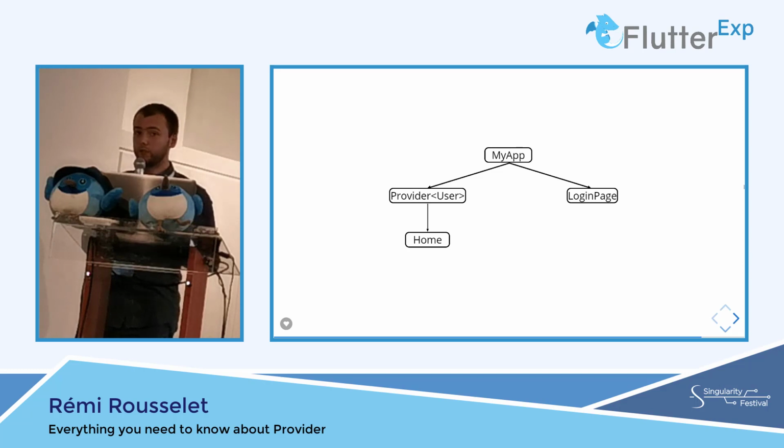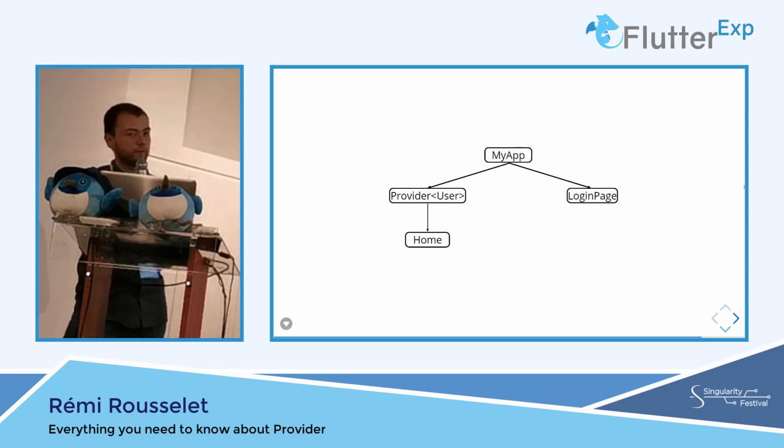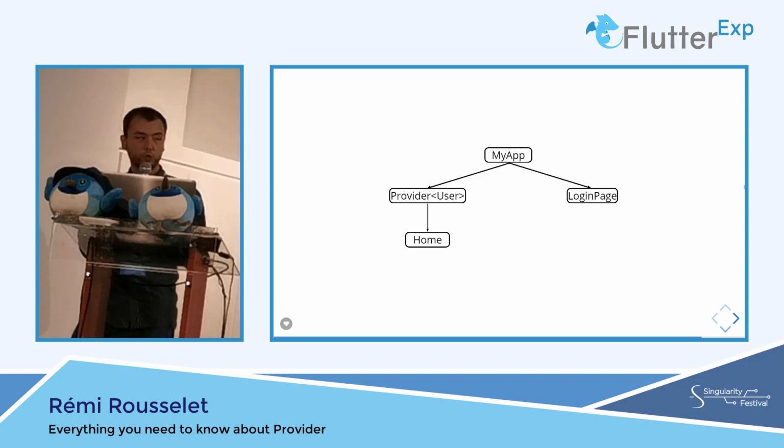Another use case of such restrictions is to potentially voluntarily make it impossible to access a variable on some screens. For example, we may have a login page and a home page. And it doesn't make sense to be able to obtain the current user in the login page because we are not logged in.